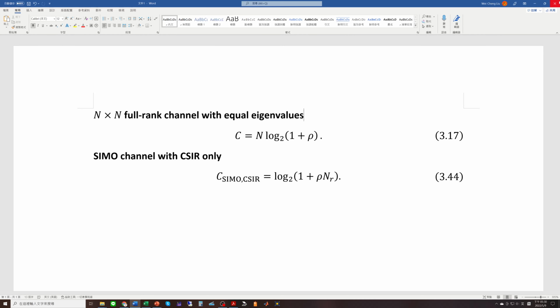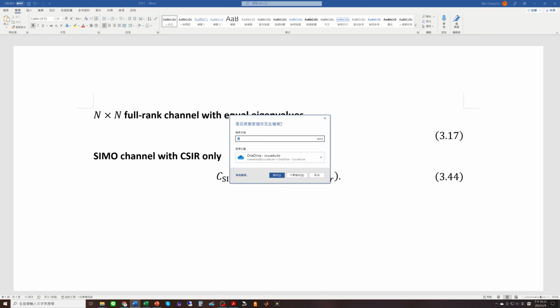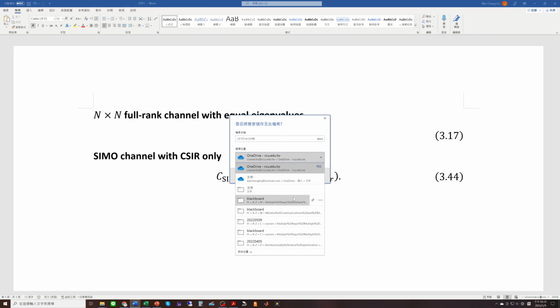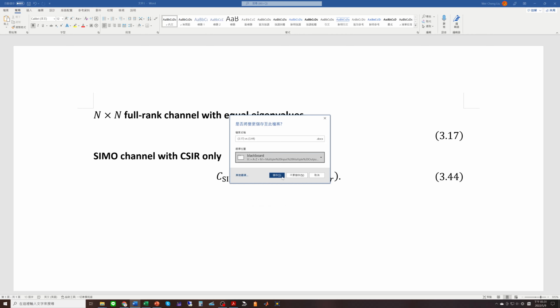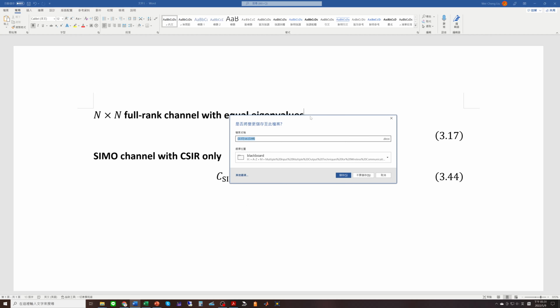Let me close it first. So this is equation 3.17 versus equation 3.44, and save it in the blackboard of MIMO. Okay, good.